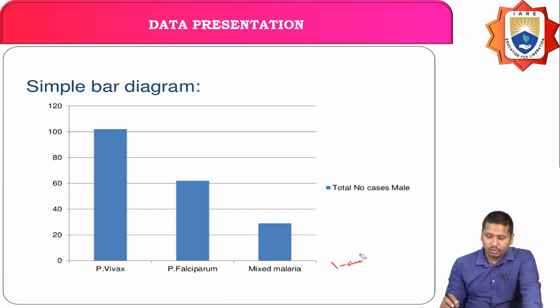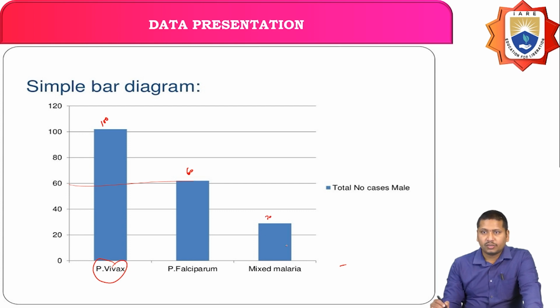By seeing this, viewers can easily understand that 100 people are suffering from vivax, 60 people are suffering from falciparum, and some 30 people are suffering from mixed malaria.